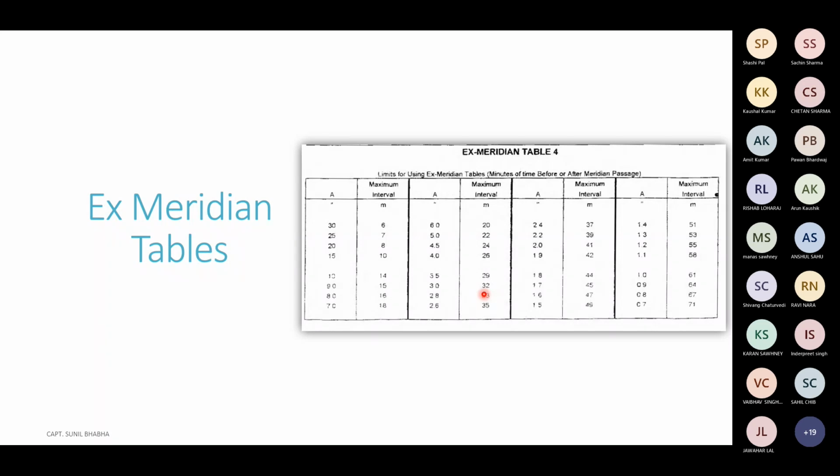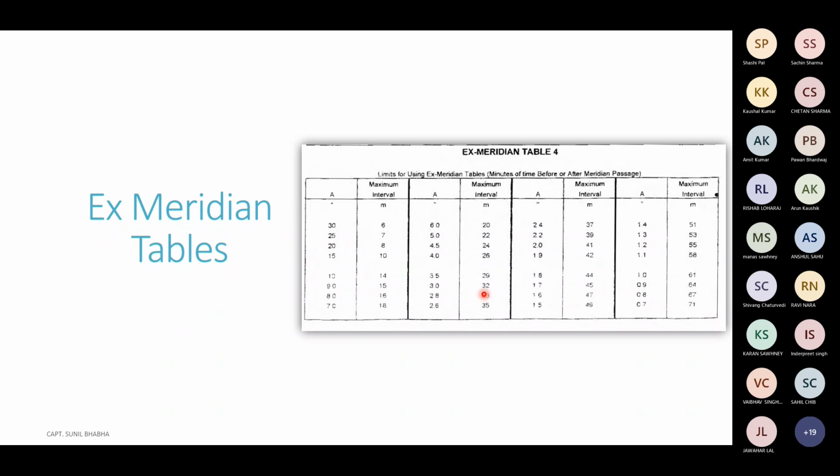So if our MerPass was at 1200 hours, 32 minutes before, that's 11:28, and up to 12:32. From 11:28 to 12:32, the X meridian method can be used for obtaining a position line.